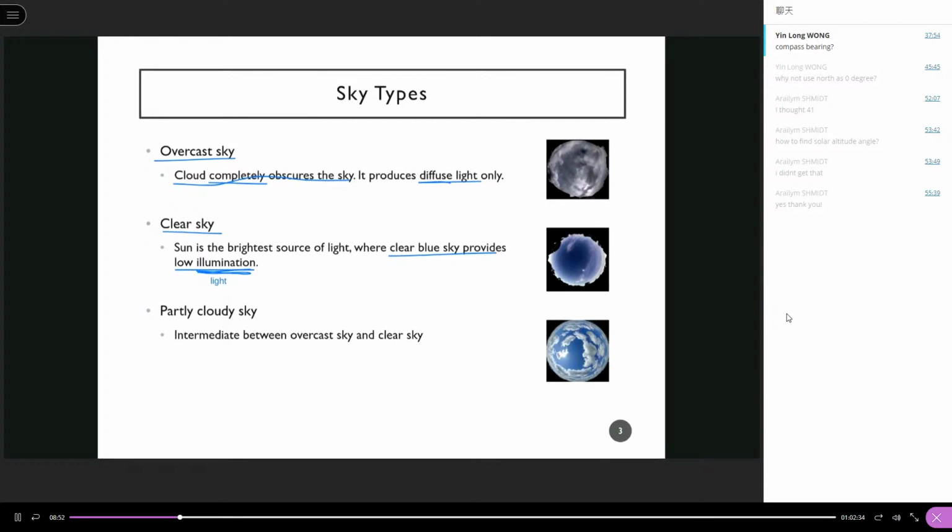So if you can block the sun, then just the blue sky will produce less light, or not a very high output of light. Comparing to the overcast sky, the blue sky will be darker. The overcast sky could be very bright, but the blue sky provides low illumination.